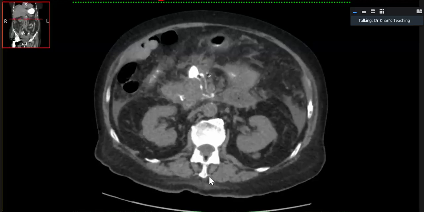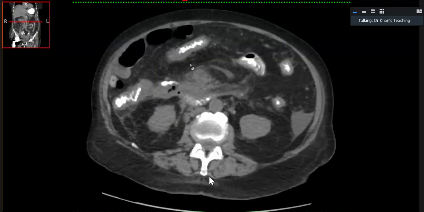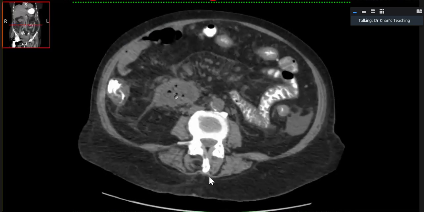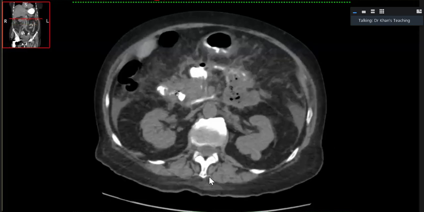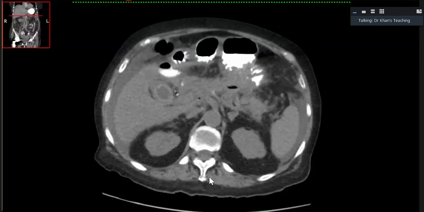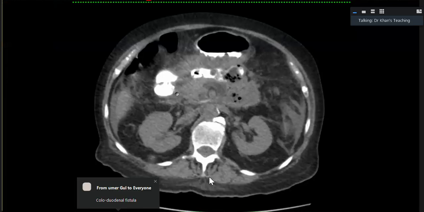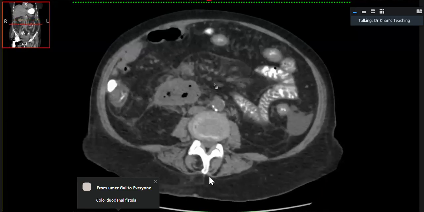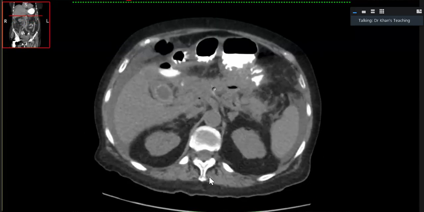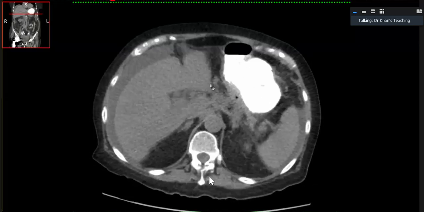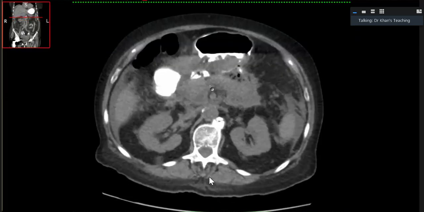You can see contrast communicating with the large bowel, and another ramification going here in the mesentery. So actually, there is a duodenocolic fistula. The interesting bit is that the communication is through the lesser sac and goes right and left. So it's a complex fistula, and this case also tests your clinical acumen as well as anatomy.